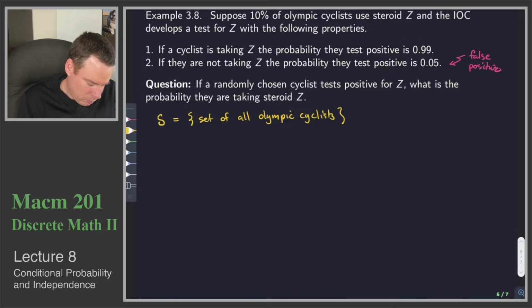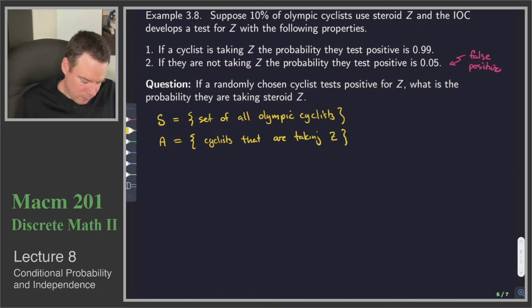And what's next? Well, we're going to have our event A. So we are interested in whether they're taking it and how they test. So we'll let A be the cyclists that are taking this steroid Z. And then our event B is going to be about their testing.